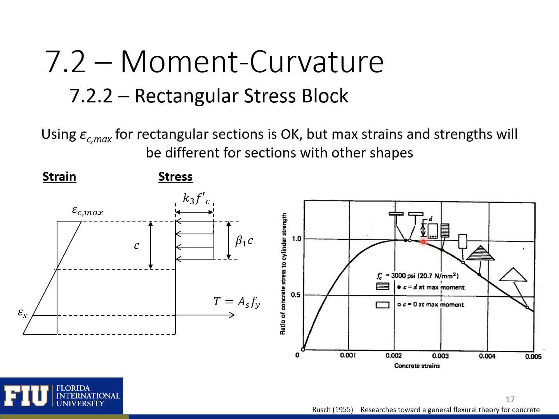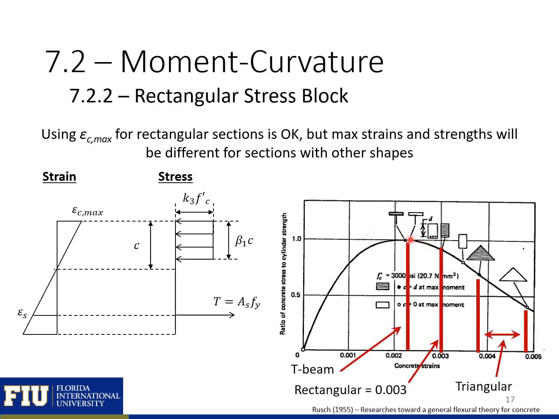If we have a T-section, we'll get a lower strain in our extreme compression fiber. And if we have a triangular section, we'll actually get a bit of a higher strain in our extreme compression fiber. So you can see the shape of the beam and the cross section is going to affect what strain should be used in the extreme compression fiber. For ACI, we're always going to use 0.003, but you can see the effect of the different cross section shapes.